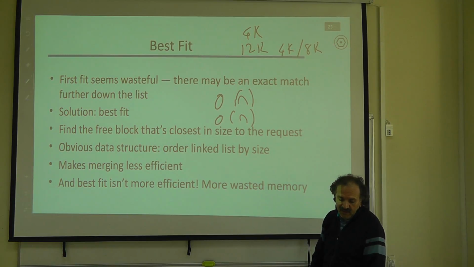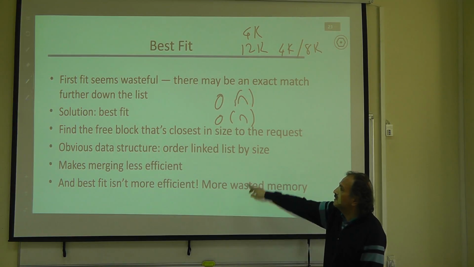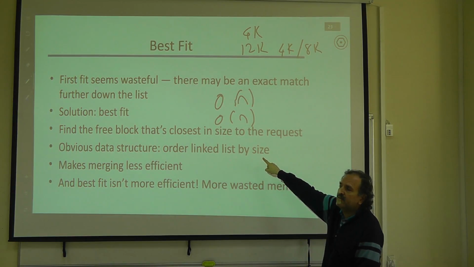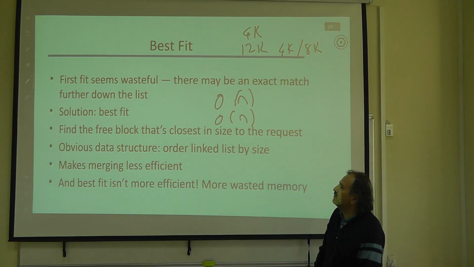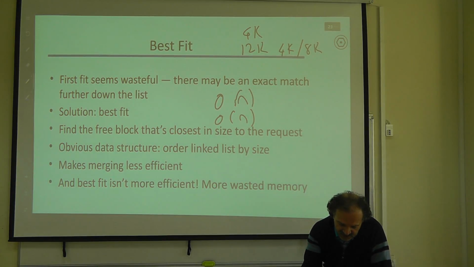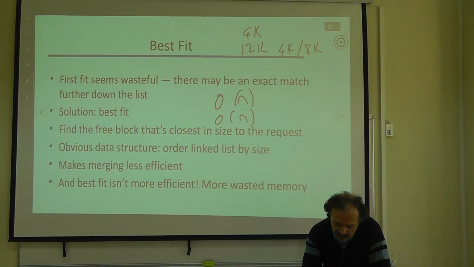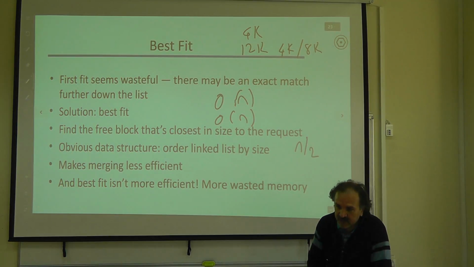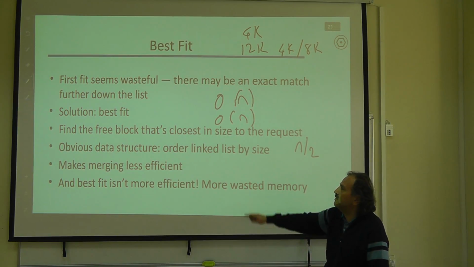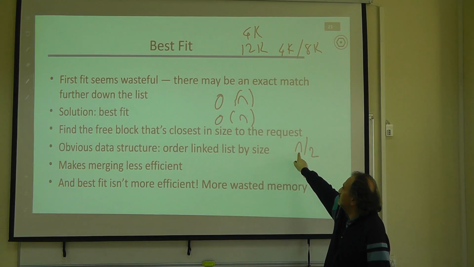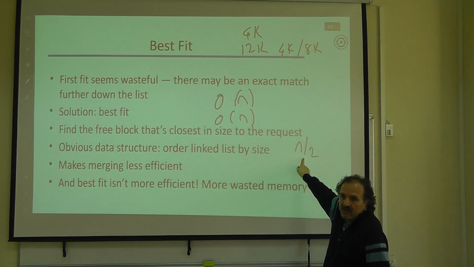It would be very easy to implement if I order the linked list by size. Implementation is continue searching until you find one. But on the average, if I sort the linked list by size, I need to look at half of the available locations.